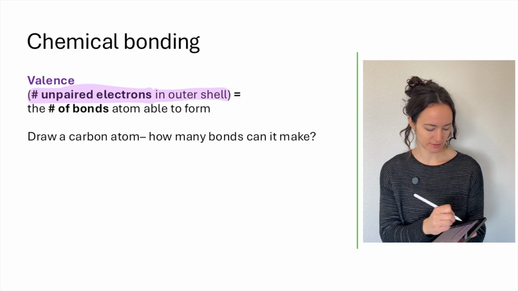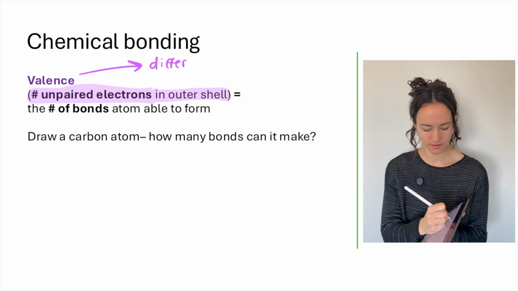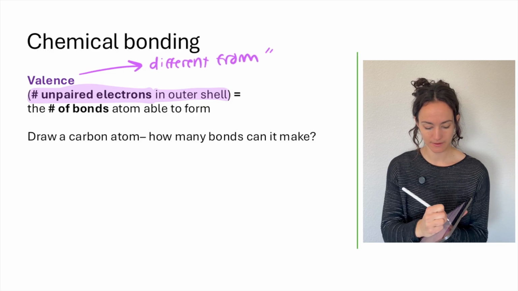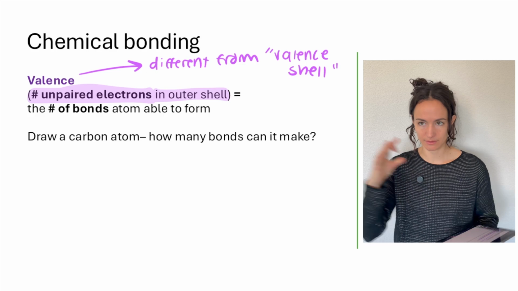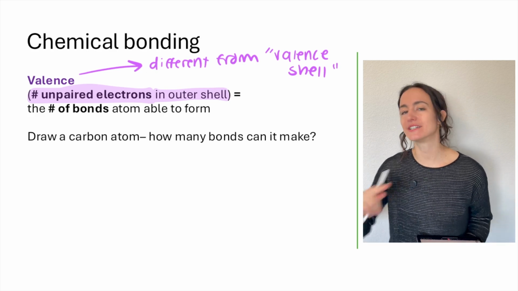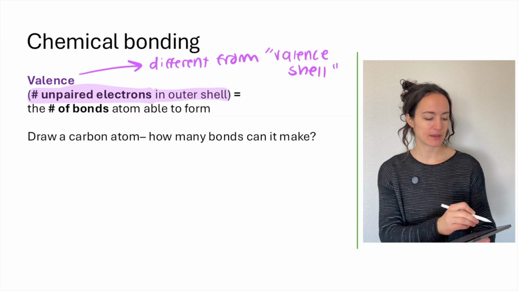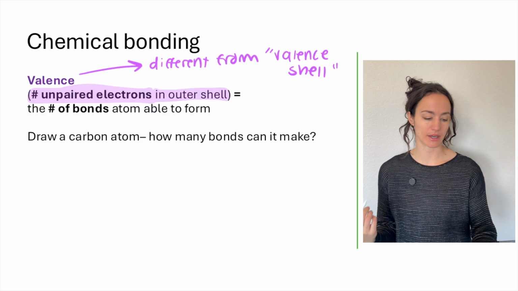So this is different from valence shell. If you say valence shell together and as one unit, the valence shell is the outermost shell, the end. But if I'm talking about valence, the word on its own, that's referring to the number of unpaired electrons.